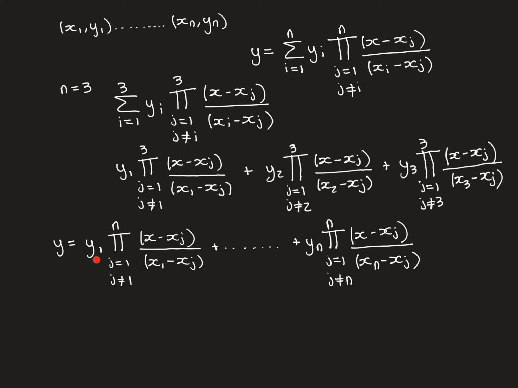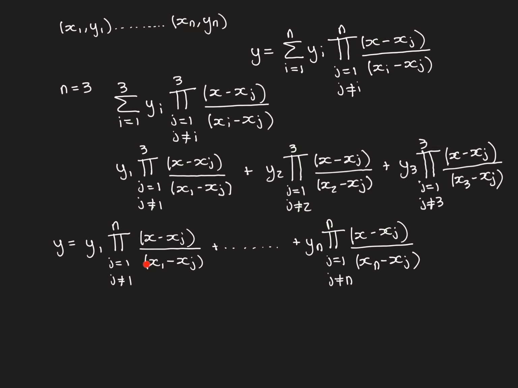So for the y1 term, it's going to be 0 when you put in x2, x3, x4, x5, all the way up to xn. Because of these terms up here, you've got the x minus the xj's from j is equal to 1 to n, but you're excluding that first term, the j is equal to 1, because that's where you actually want it to equal 1.